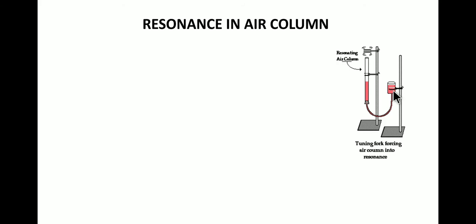When this reservoir is moved up and down, the water column gets increased or decreased respectively. When the water column increases, the air column on top decreases, and when the water column decreases, the air column above increases.